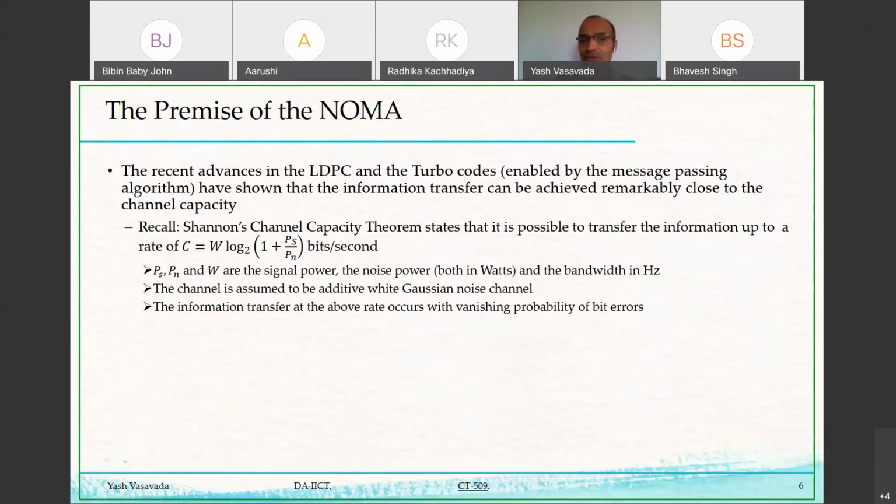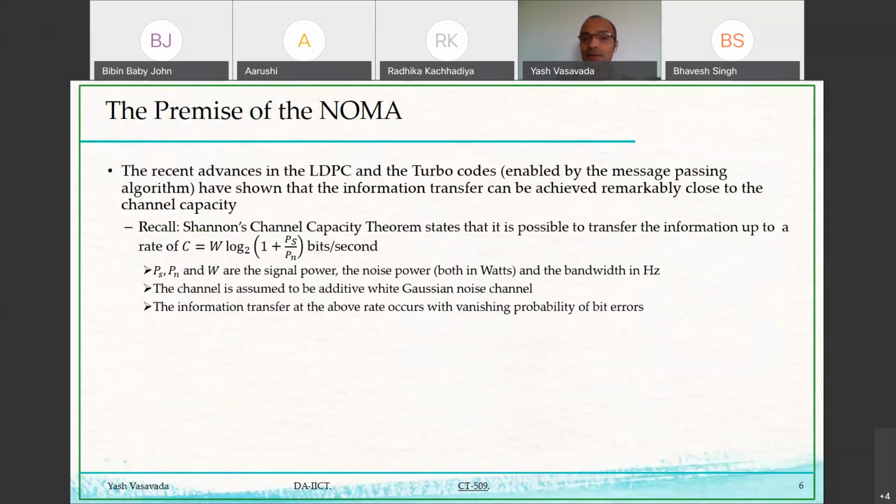The actual channel introduces errors, but this channel coding technique overcomes those errors. And so my communication happens almost error-free. Right?